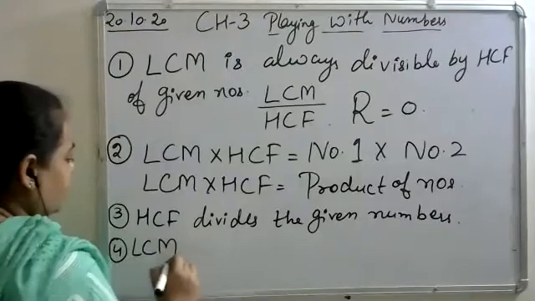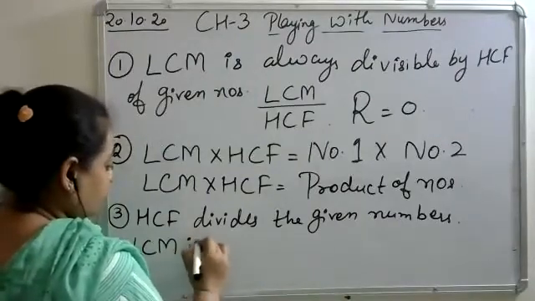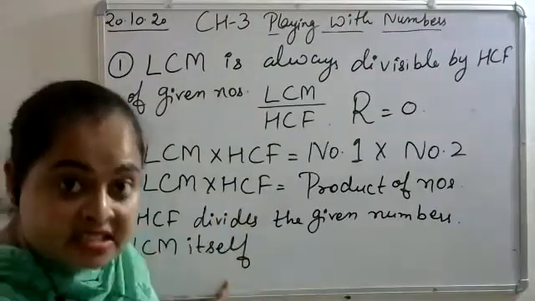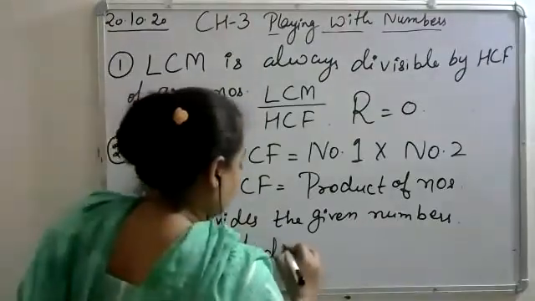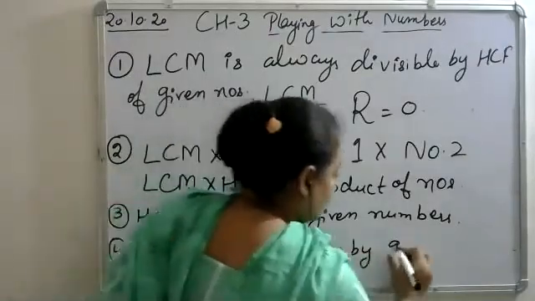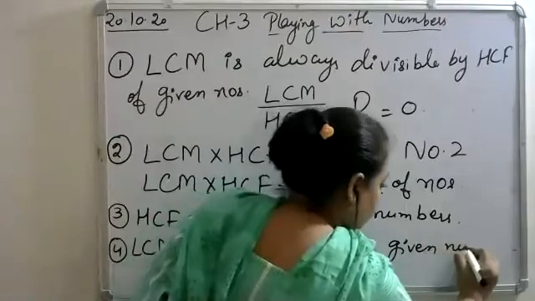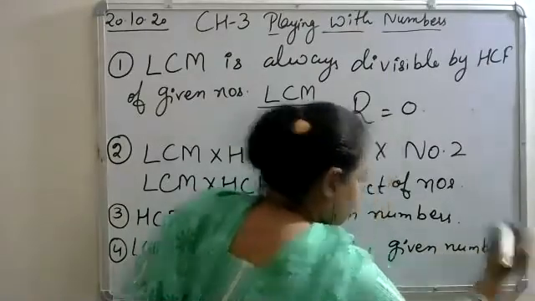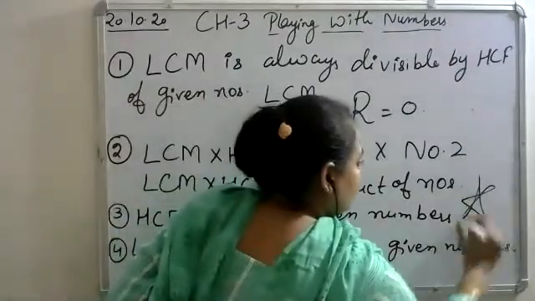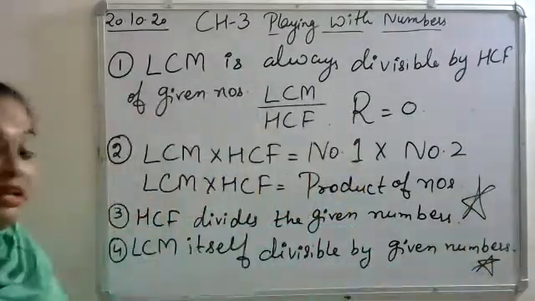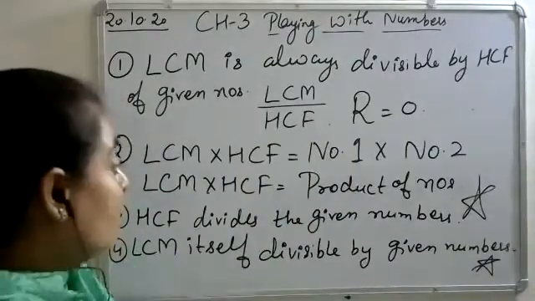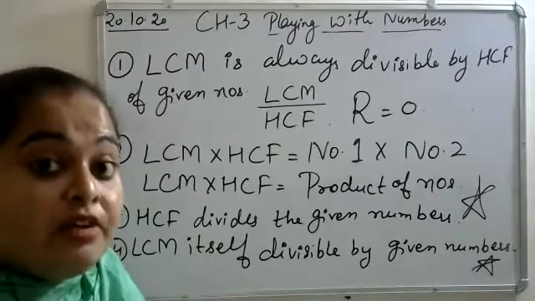Least common multiple itself is divisible by the given numbers. These two rules are very important in statement sums. In statement sums, read your question very carefully.